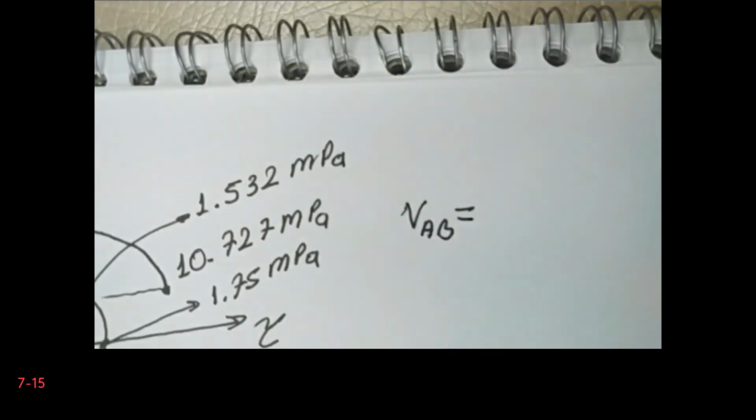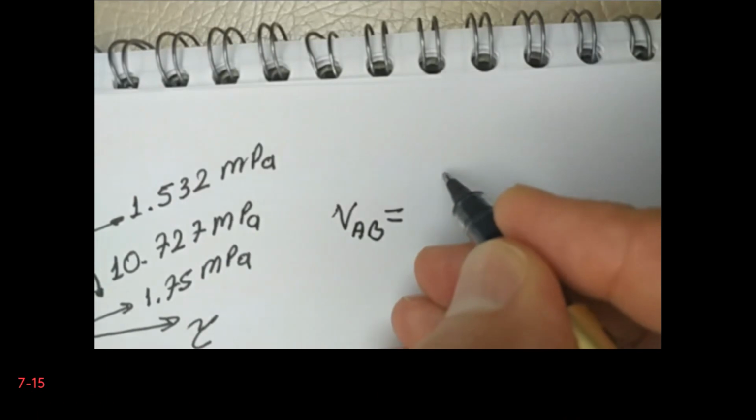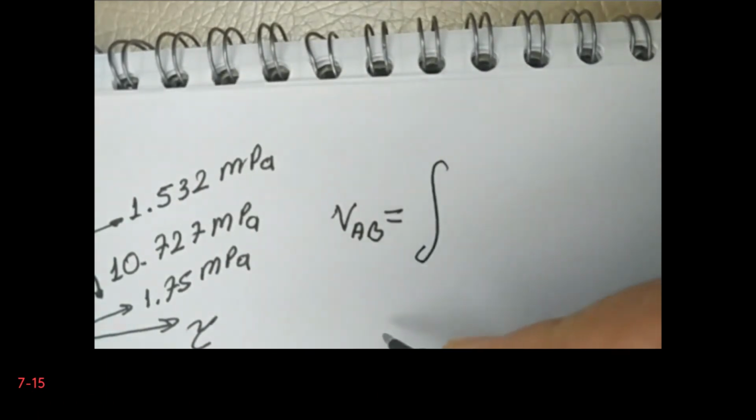So A is located at t over 2, and B is located at h plus t over 2.